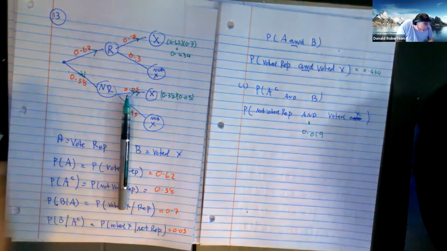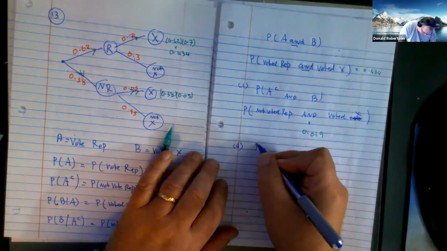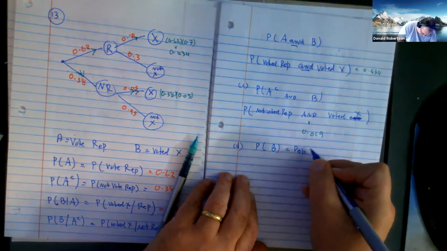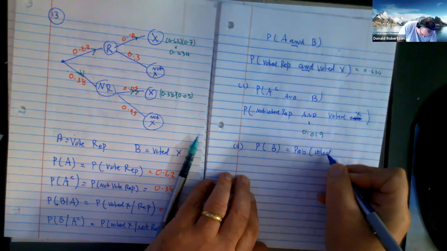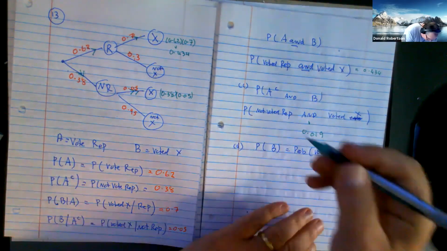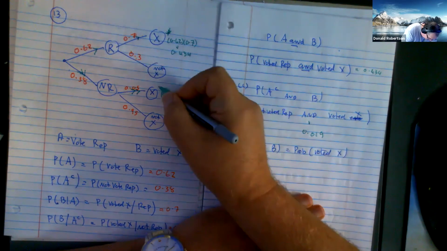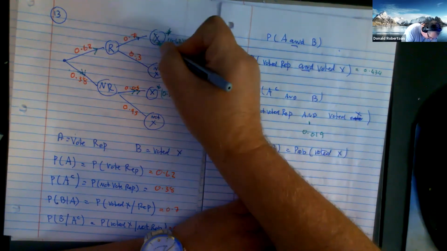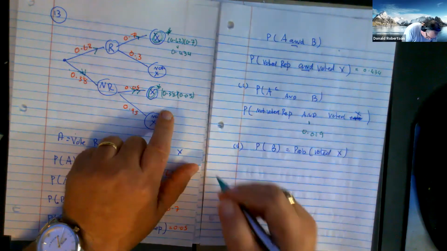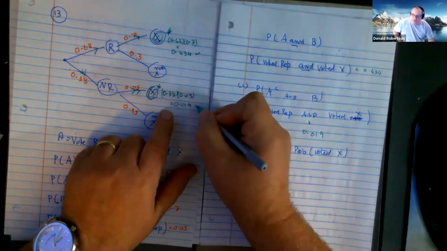Okay, so now we are being asked to find the probability of B, and that is the probability that you voted for candidate X. Well, I'm going to have to add some stuff here, but have you noticed that the people who voted for candidate X are these two ones here, right? Here and here. And don't we already know what each one of those is?